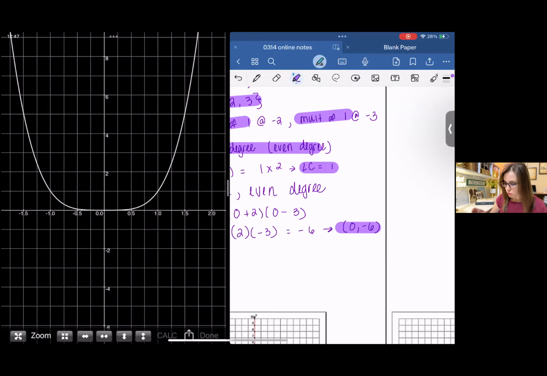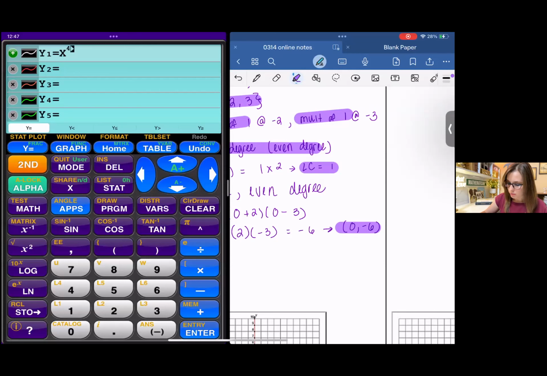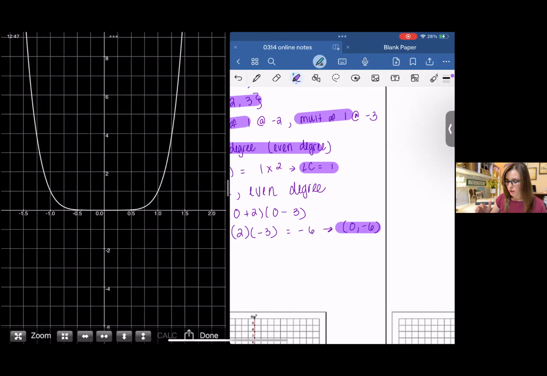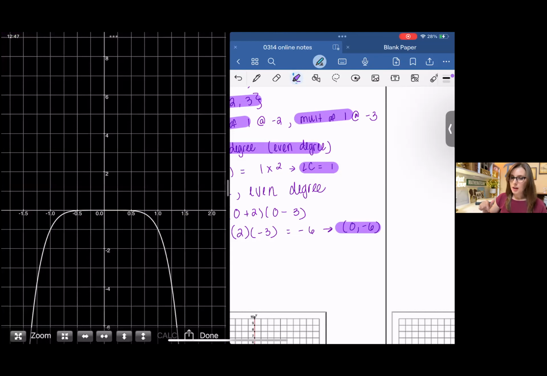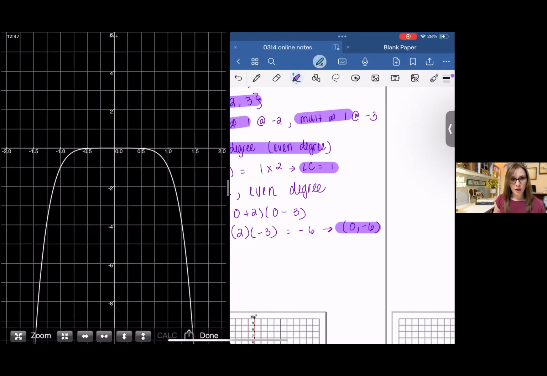And then if I do x to the 6th, and hit graph, again, both ends are up. So even degree, positive coefficient, points up. If I change that to a negative in front and graph it, now I have a different story.